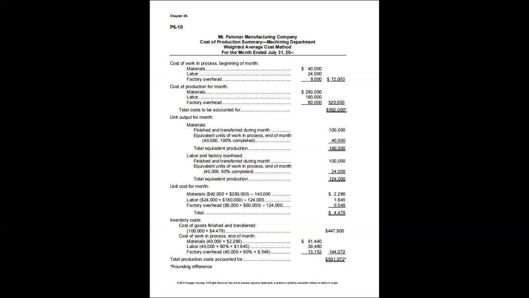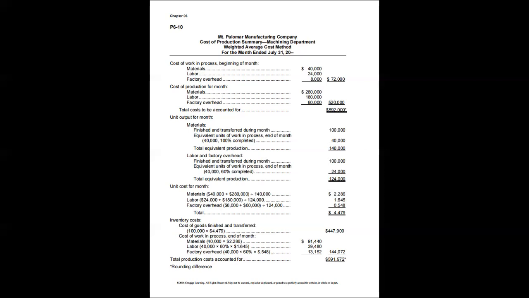The unit output for the month. For materials, finished and transferred during the month, 100,000. Equivalent units of work in process at the end of the month is 40,000. So the total equivalent production is 140,000. Labor and overhead, 124,000. Now, these are all given in the problem, that the units transferred in the machining department is a total of units completed 100,000.